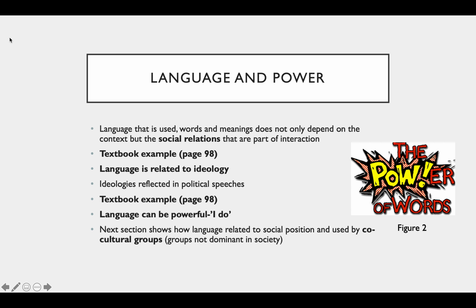A manager and a worker may refer to the company staff as family, but to the manager this might mean one big happy family, while the disgruntled employee may mean a dysfunctional family. To some extent, the difference is due to the power differences between the manager and the worker. Language, therefore, is related to ideology and is a carrier of ideology.